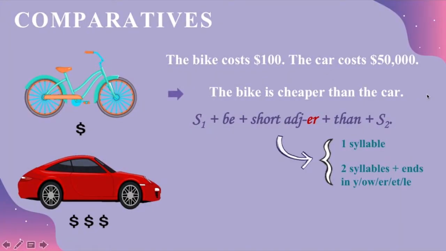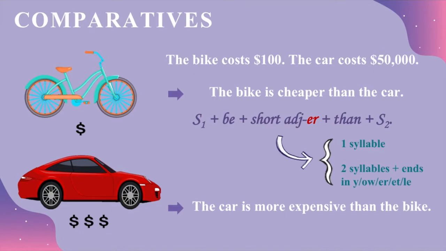Now, if you need to rewrite the sentence, the bike is cheaper than the car, what will you do? Okay, first we will need to find an adjective that has opposite meaning to the adjective cheap. And that is expensive, right? So we will write, the car is more expensive than the bike.